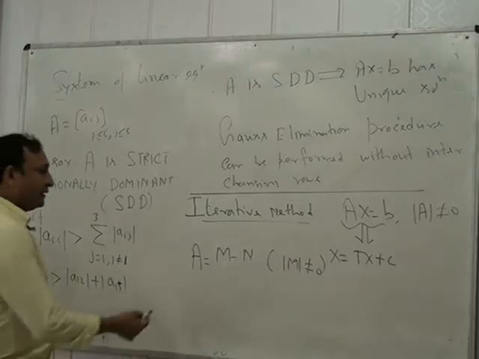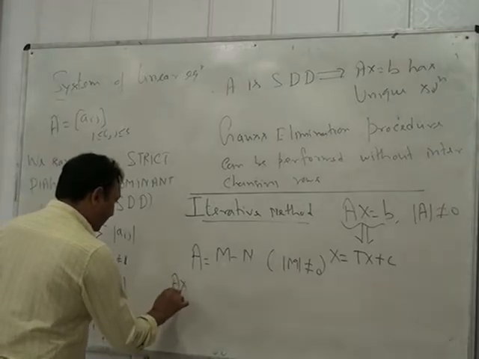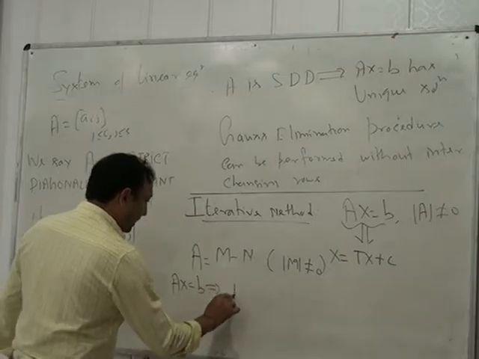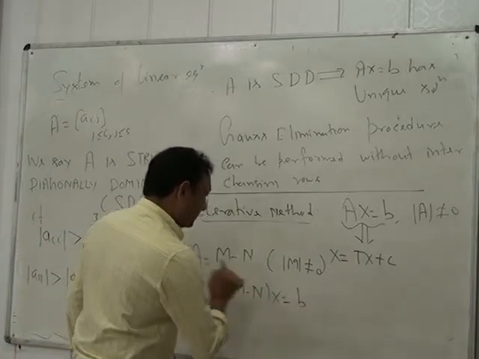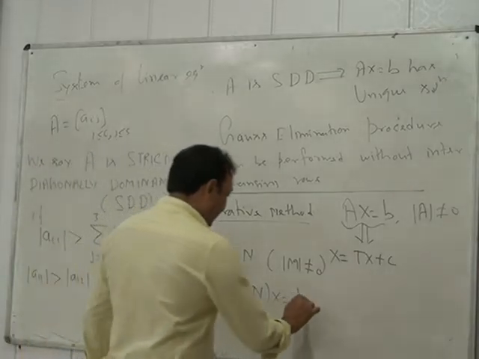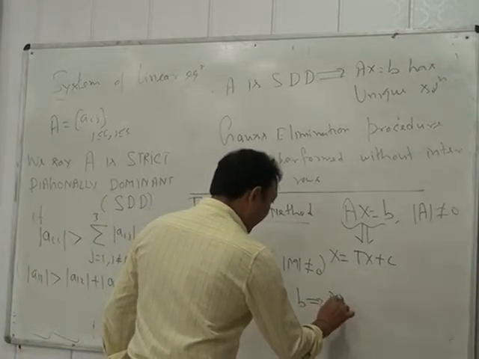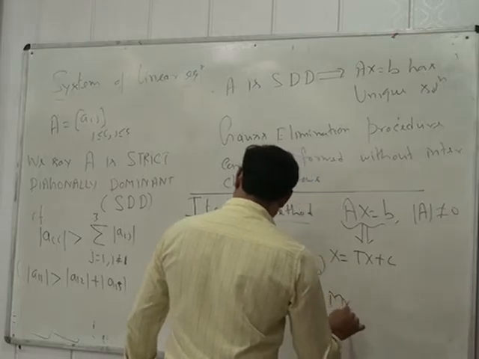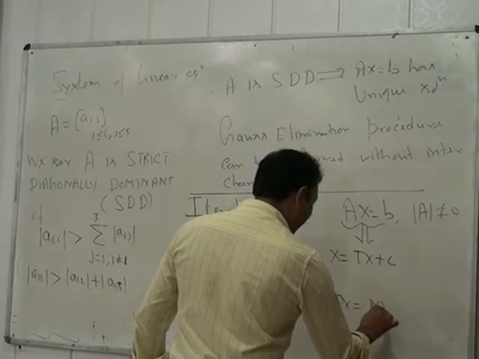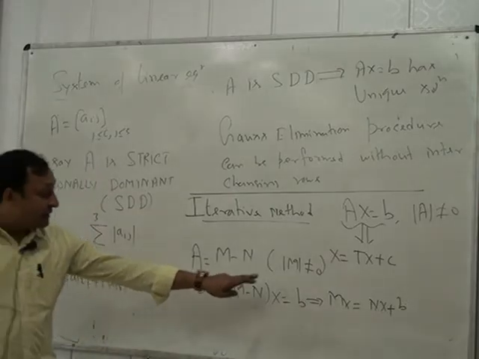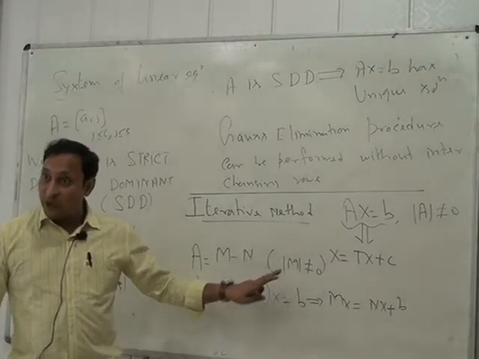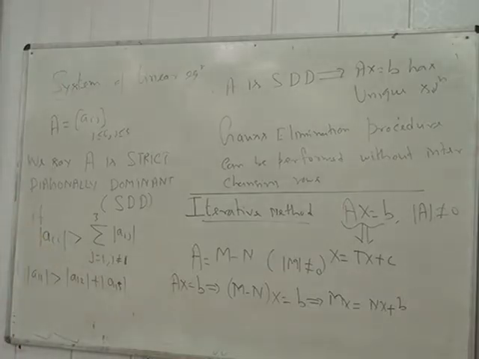Then Ax equal to B will be (M minus N)x equal to B, which is nothing but Mx equal to Nx plus B. Since the determinant of M is non-zero, M is an invertible matrix, meaning M inverse exists.